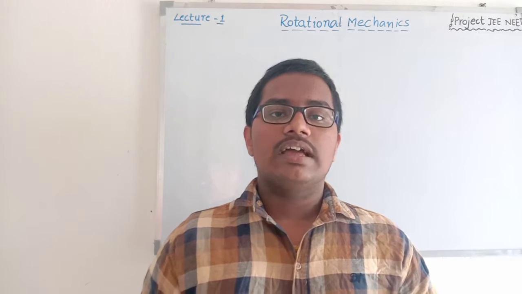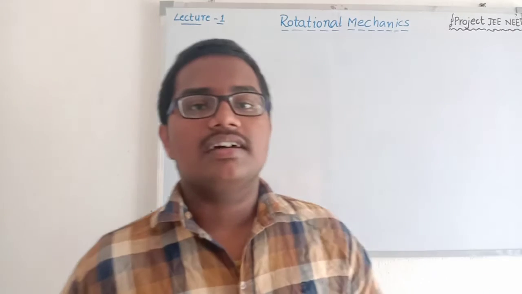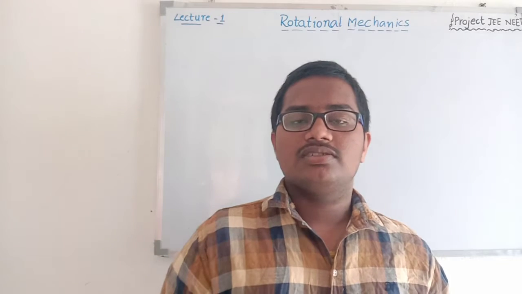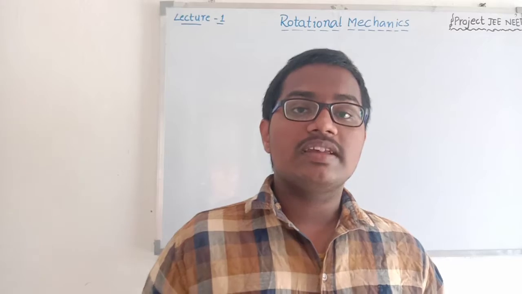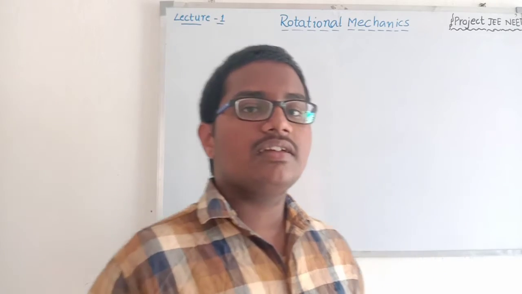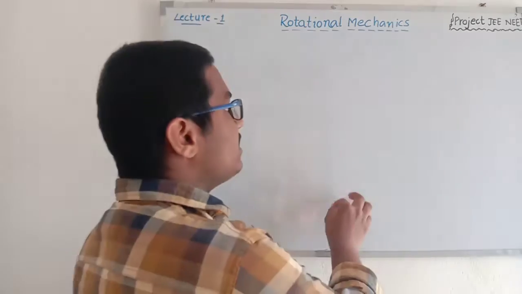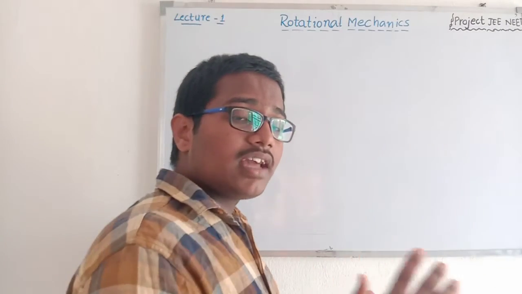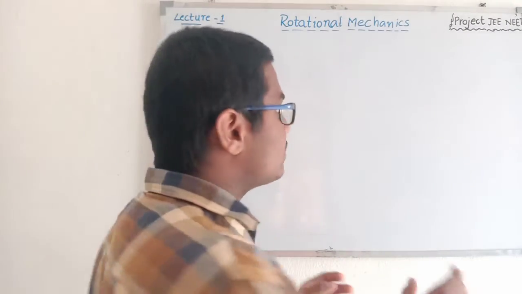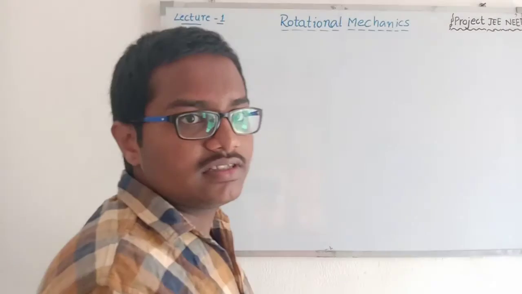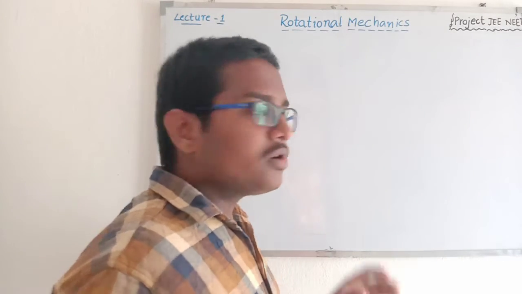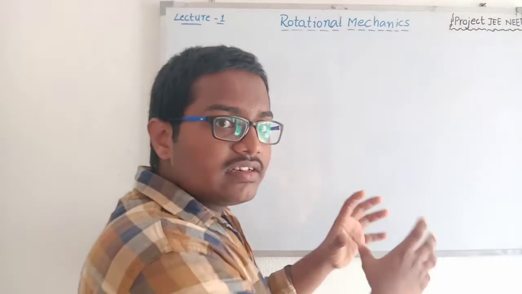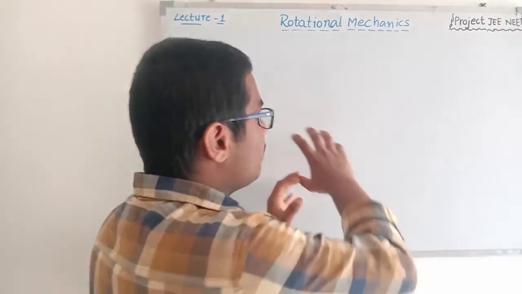Without wasting any time, let's start the definition of a rigid body. First of all, what is meant by a rigid body? In the next discussions, we will be discussing all the definitions and all the motions, always for a rigid body which performs some type of motion.